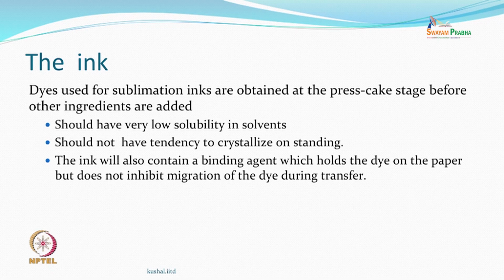So this is what the people will be preparing as ink. You have a dye which obviously is the most critical part, and the other critical parts are the binder and the solvent that you use. You can appreciate that you will not be adding anything like an acid, an oxidizing agent, or things like that, or alkali, because you are still using paper.